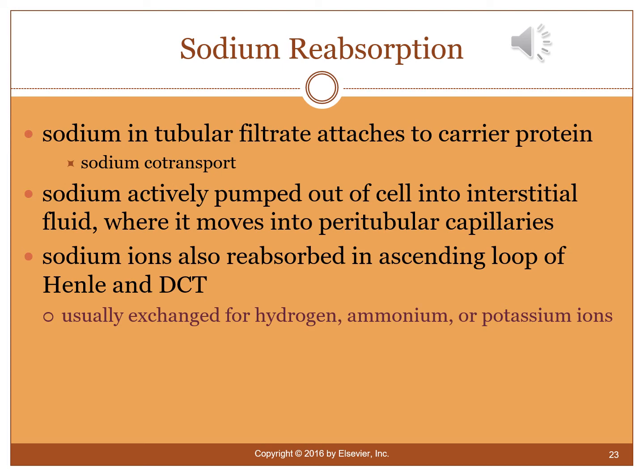And once the sodium is in the epithelial cell, it gets actively pumped out of the cell into the interstitial fluid. The glucose and amino acids passively diffuse out of the tubular epithelial cell into interstitial fluid and then into the peritubular capillaries.